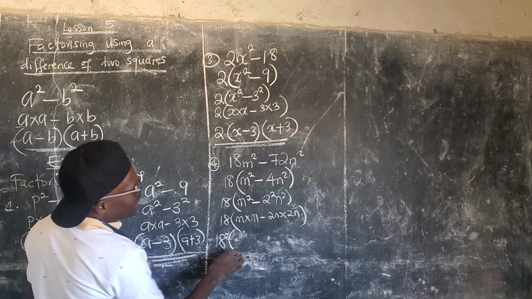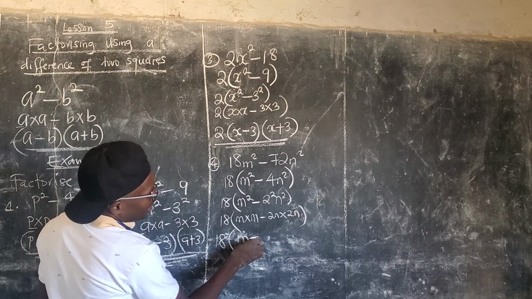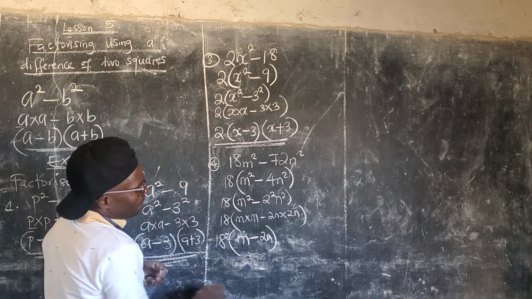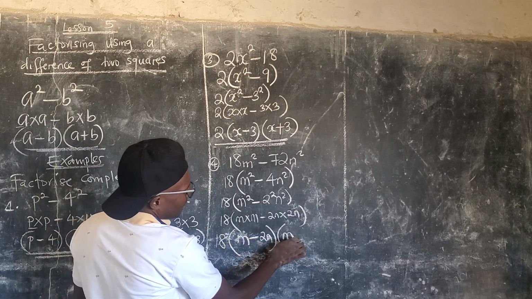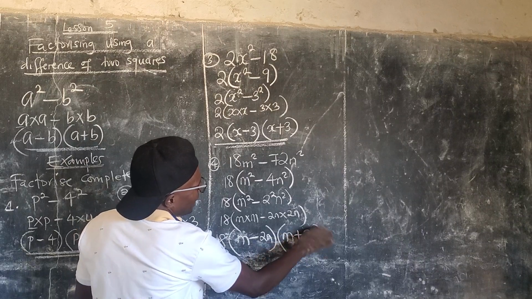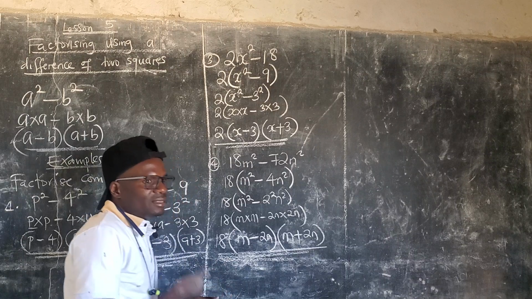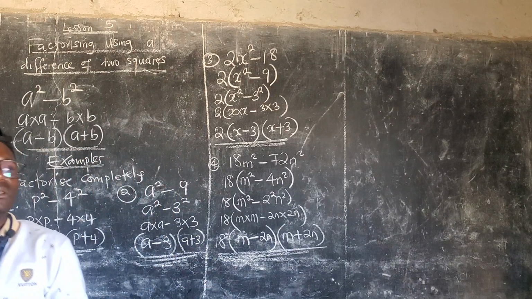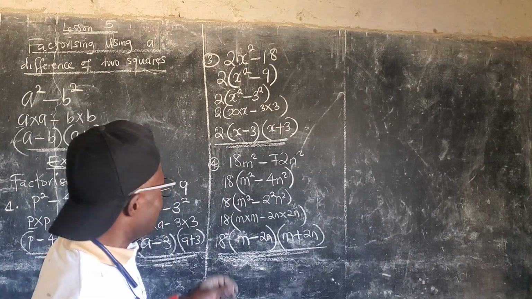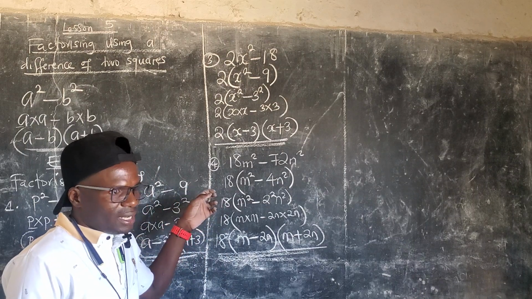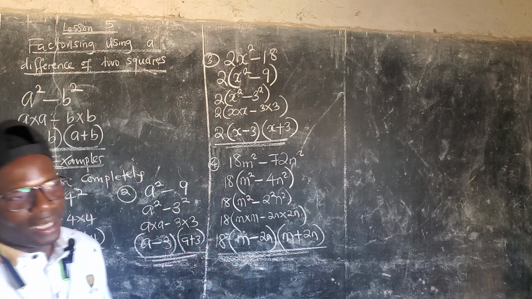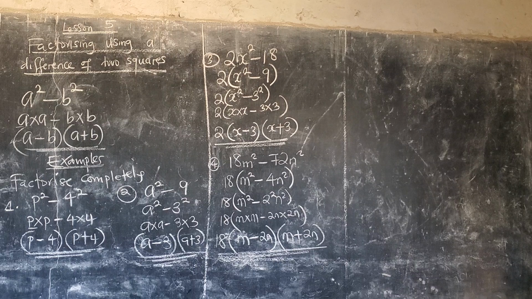That gives us now 18, then m minus 2n, and then another one is m plus 2n. This is our answer. So this part is very, very important. You have to know these lessons are very important under algebra because they come during the final exam.